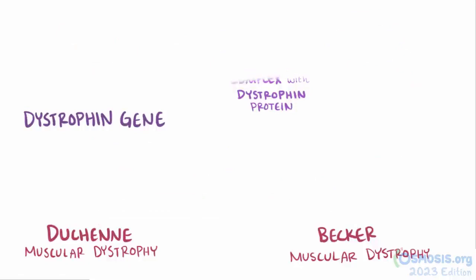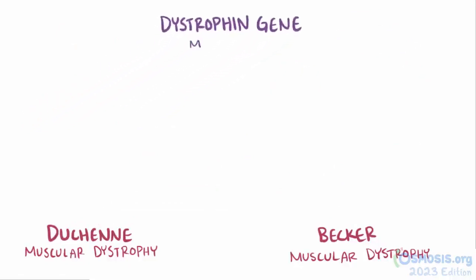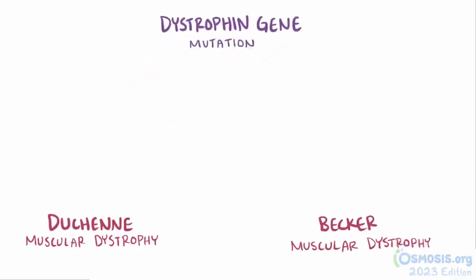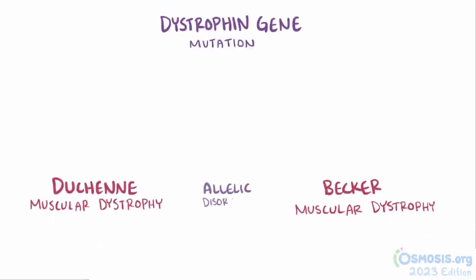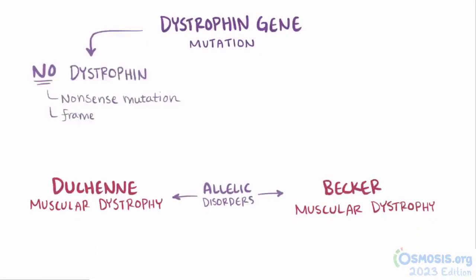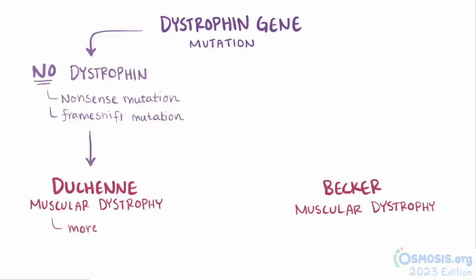Now, the fact that both Duchenne and Becker muscular dystrophy result from mutations in the same dystrophin gene means that they're allelic disorders. And when a mutation happens in dystrophin that's severe enough to result in no protein at all, for example, a nonsense or a frameshift mutation, the result is Duchenne muscular dystrophy, which ends up being the more severe of the two, with symptoms usually presenting by age 5.